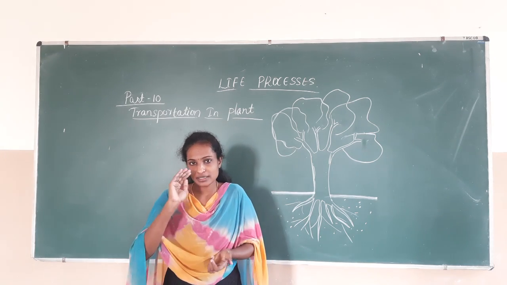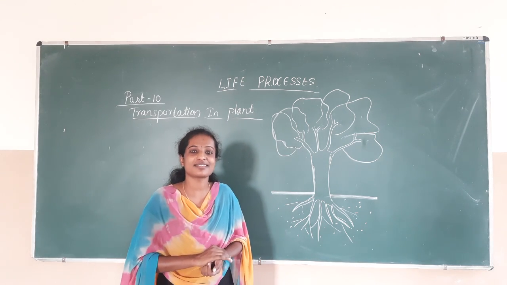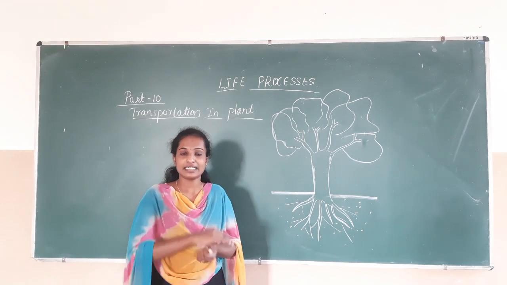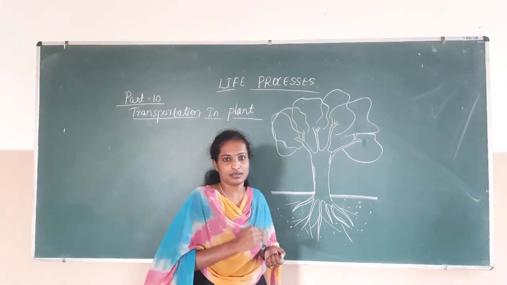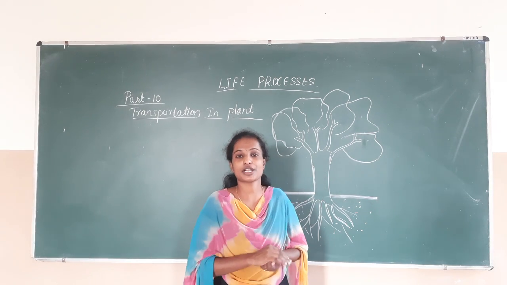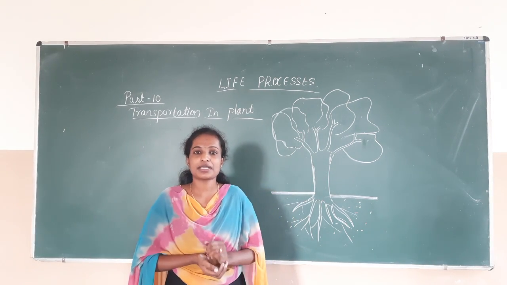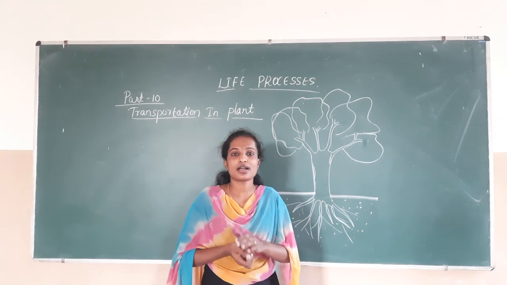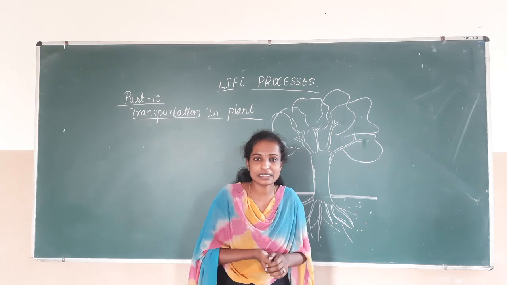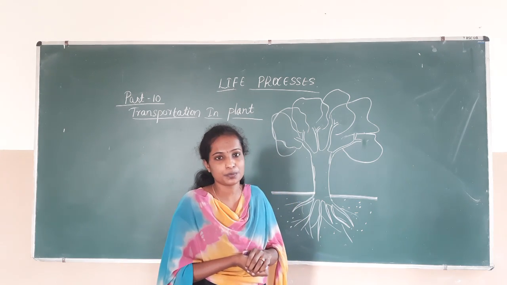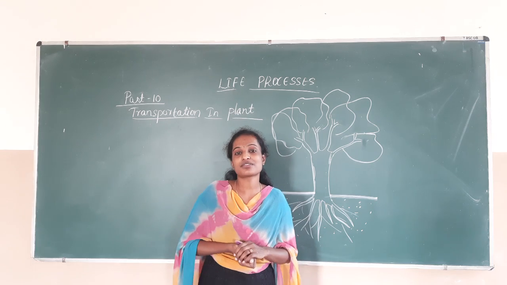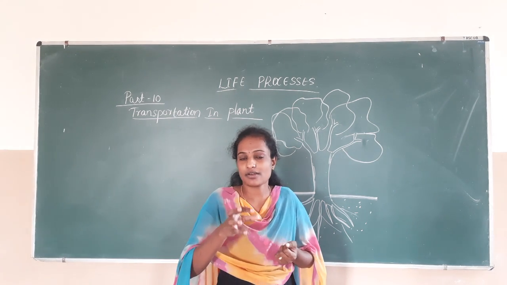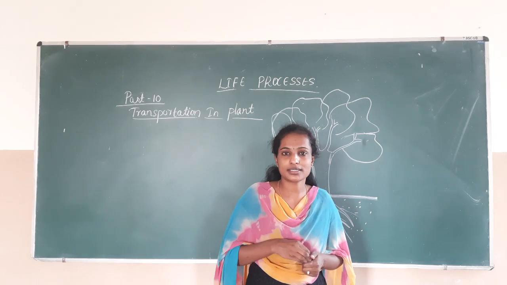In tall trees, the transport of energy as well as of water and minerals takes place by two different steps. As I told you, those two steps are root pressure and transpiration.